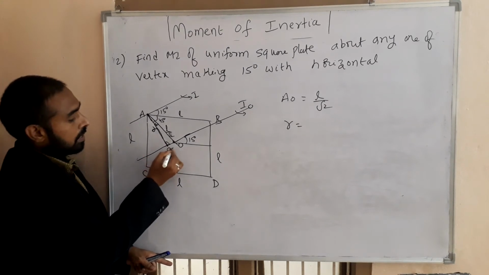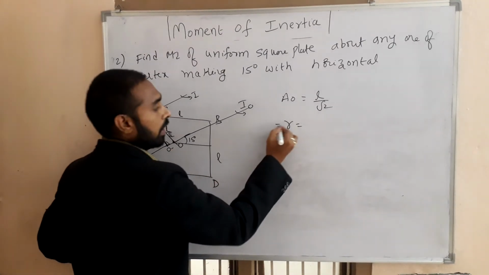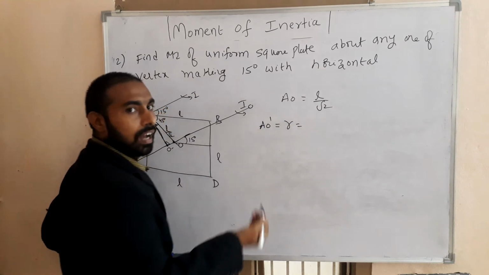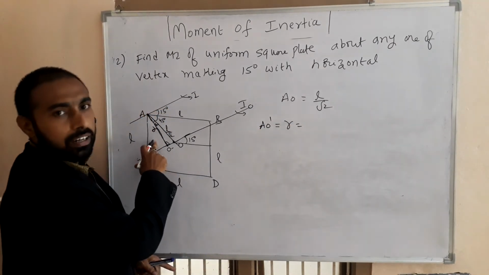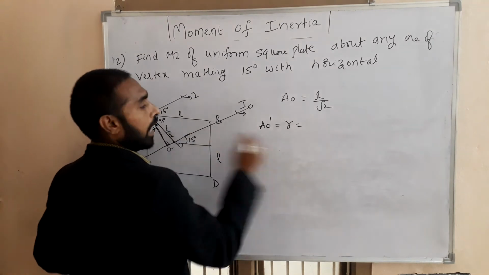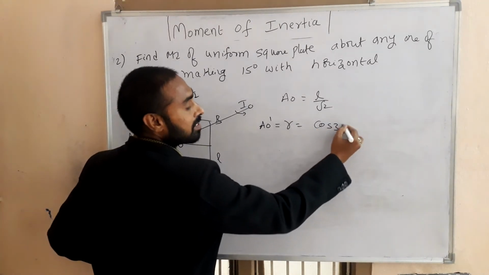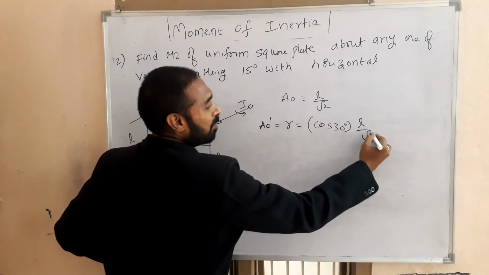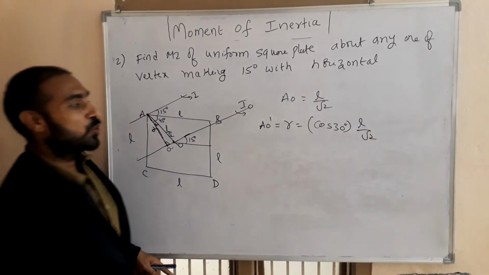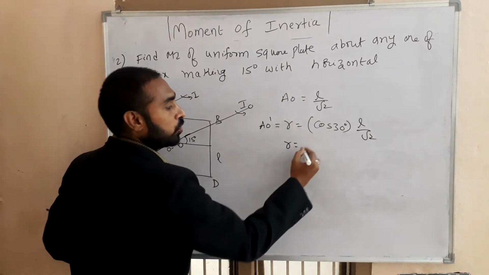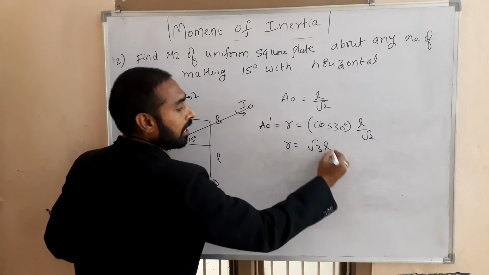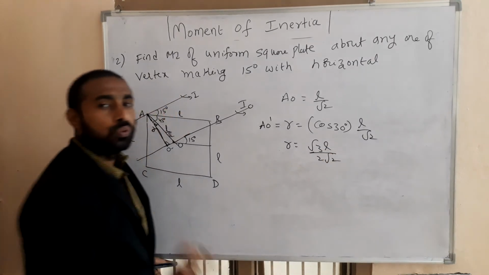You can just take it as O dash. That is AO dash. That is R. Okay. So how can I get that R value? Here the angle is 30. So cos 30 degrees into L by root 2. So now what is that R value? This is root 3 L by 2 root 2.